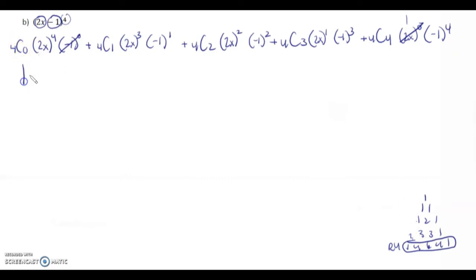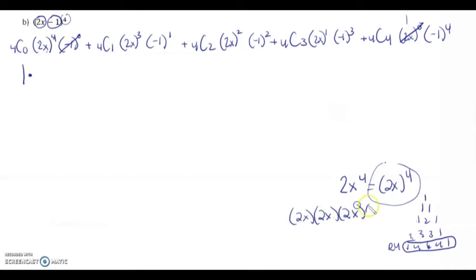So I'm going to get coefficient 1 times, so we have 2x to the exponent 4. As a reminder, 2x to the 4 is not 2 times x to the 4. So when we're dealing with this, we have to remember what we're essentially doing is putting in 2x into brackets 4 times to multiply them by each other.